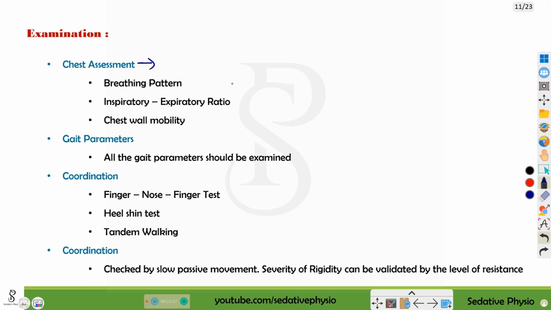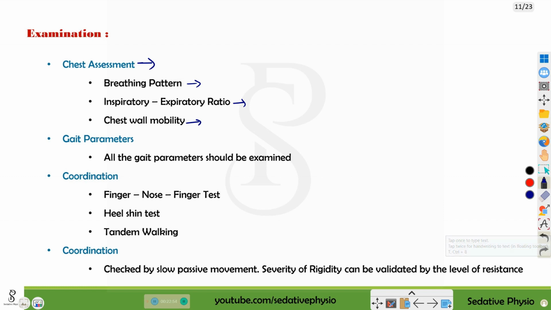So we can check the breathing pattern of the patient, the inspiratory to expiratory ratio, and the chest wall mobility. This is very decreased in the case of Parkinson's. In the case of Parkinson's, chest wall mobility and chest wall expansion are very diminished. And you all know, if there is less chest wall expansion, the inspiratory and expiratory ratio will be very poor.